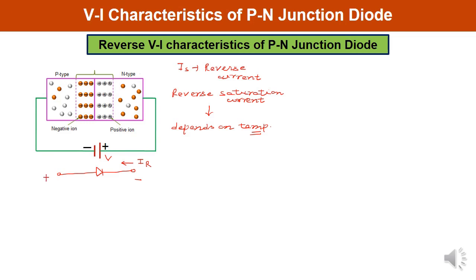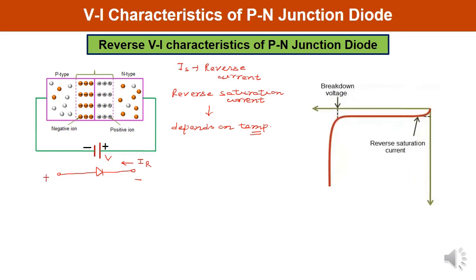Let us draw the VI characteristics. Here you can observe that below the breakdown voltage, the diode current is very small and almost constant.